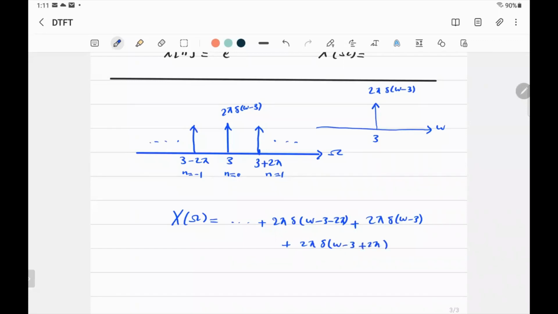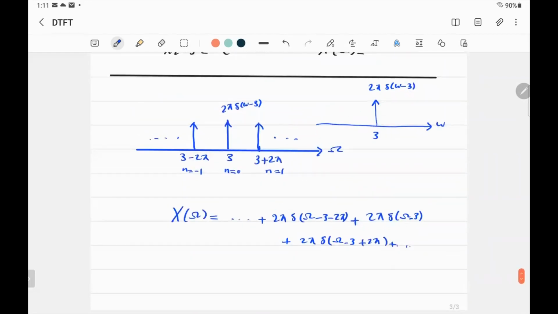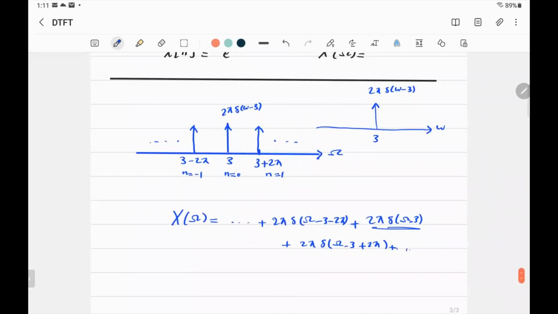Of course, I have to change all the omega small to omega capital, uppercase. Obviously, omega minus 3 is everywhere. The whole issue is minus 2 pi k or plus 2 pi k. Usually it's minus, by the way, because I start from n negative.